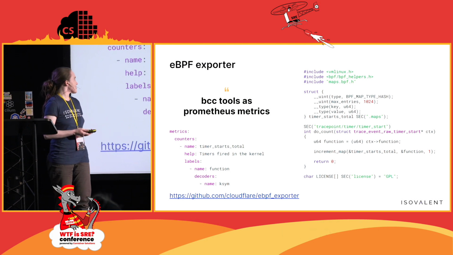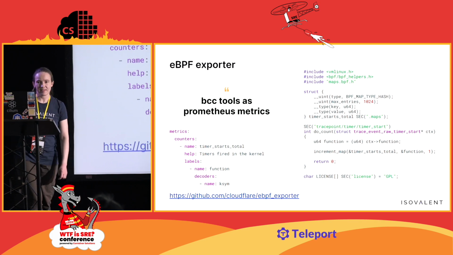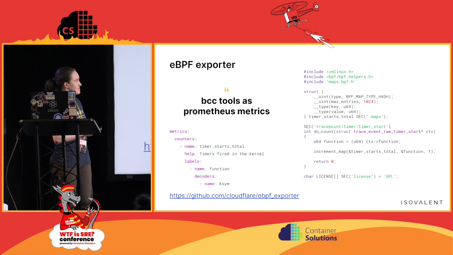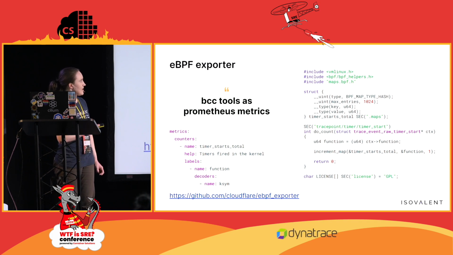You write a configuration file, like here you can see an example, configure what tools you want to use and what metrics you want to see, and it produces BPF code for tracking these tools.